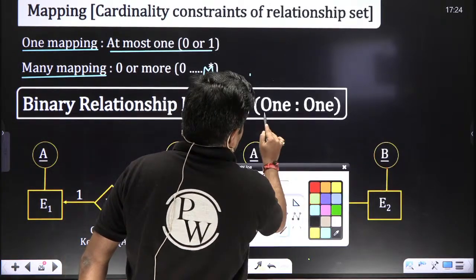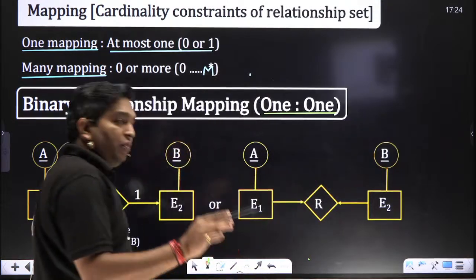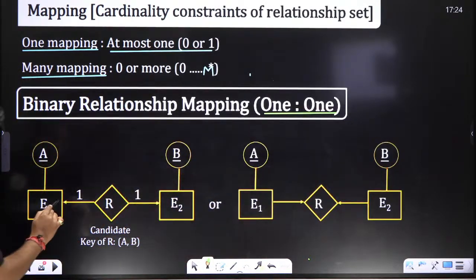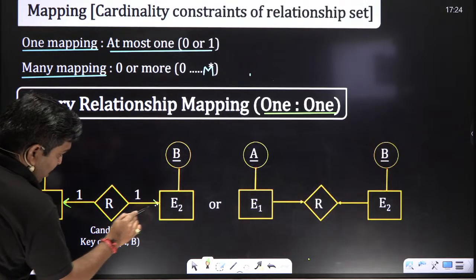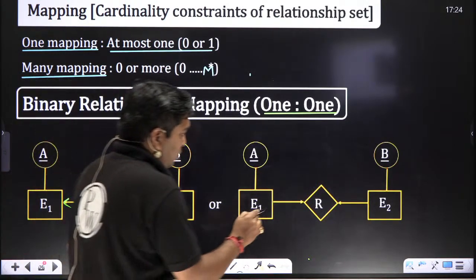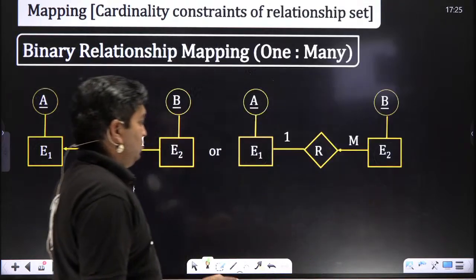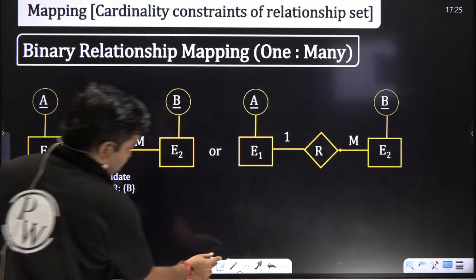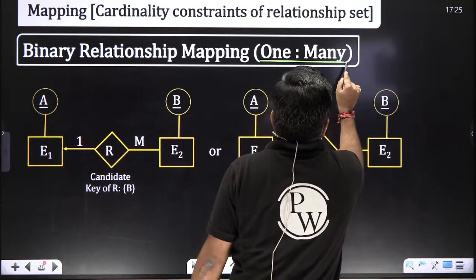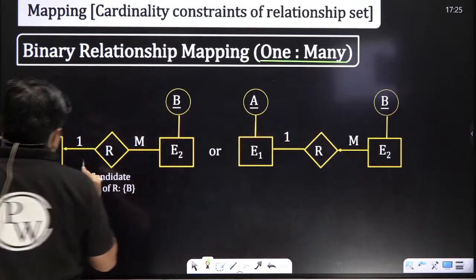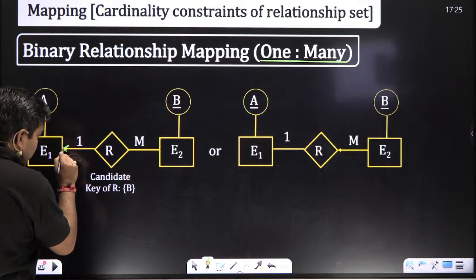Please remember, one to one. Now don't confuse. In one to one, you can see both sides you will get the arrow, either here or here. One to many. Now you will never ever get confused. Never ever. One to many. You can observe here.